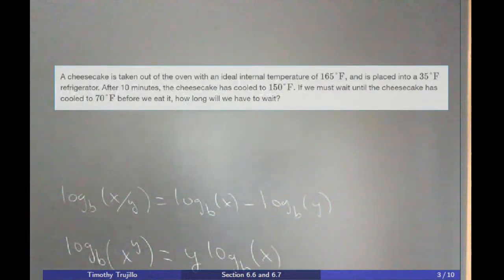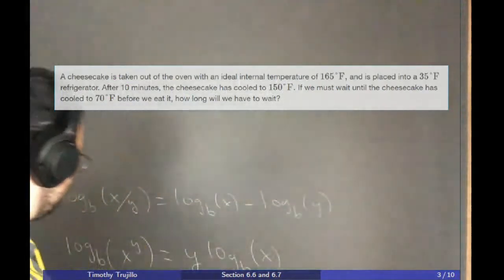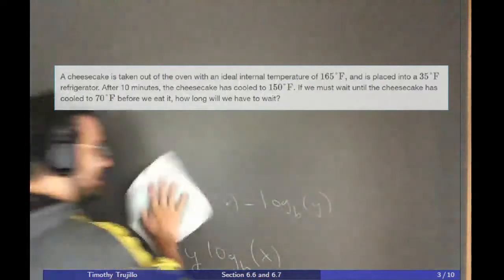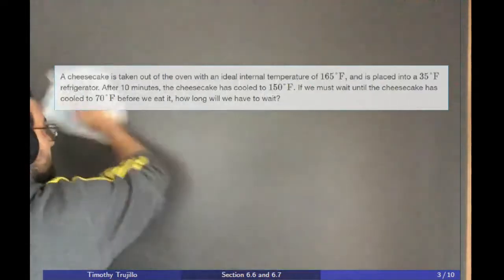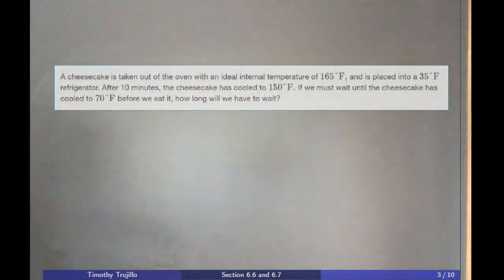Okay, so here is a good example of an application, and you'll end up having to do a problem eventually in 6.7 along these lines, and there's something I think also in the sample exam related to this setup here.